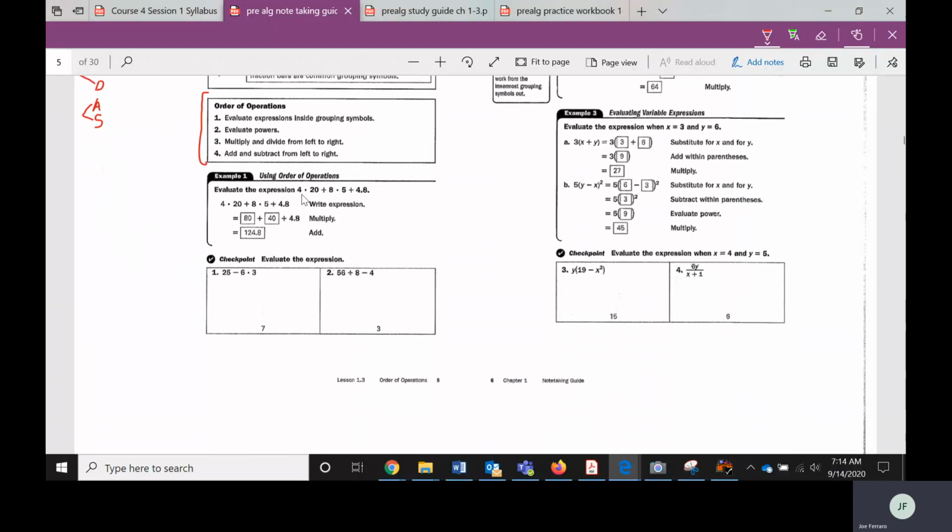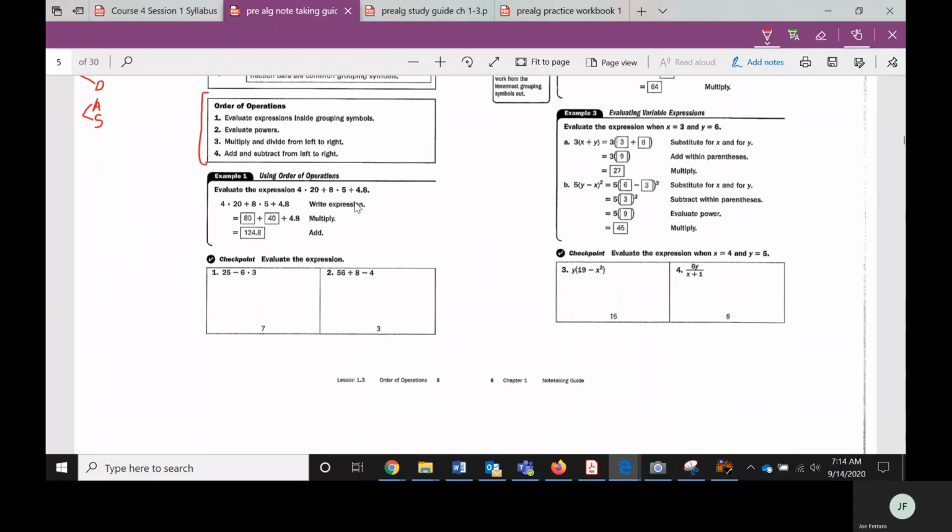We got the expression here, 4 times 20 plus 8 times 5 plus 4.8. Okay, so first thing we're going to do, we look through it and see, is there any grouping symbols, parentheses, anything like that?